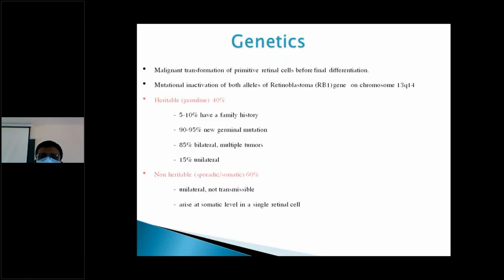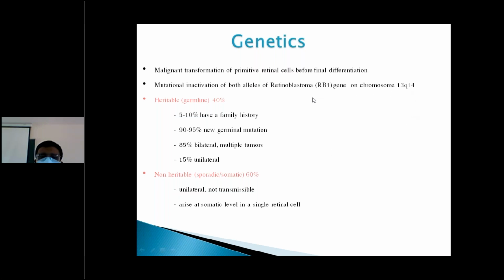Genetics: it usually occurs due to a mutation in chromosome 13, in the q14 band of chromosome 13. Deletion of one or both alleles of the 14 band of chromosome 13 leads to retinoblastoma.